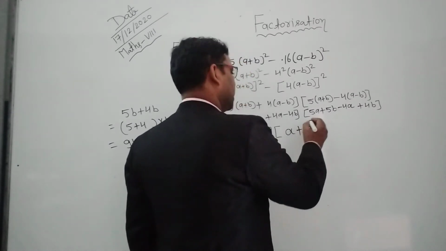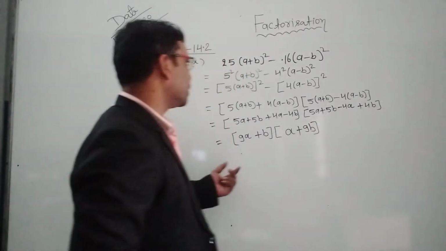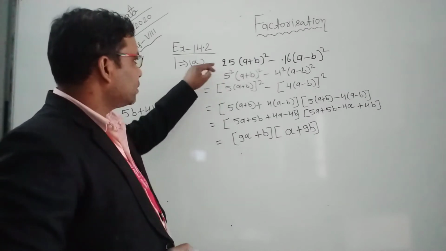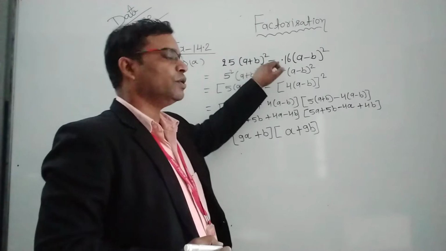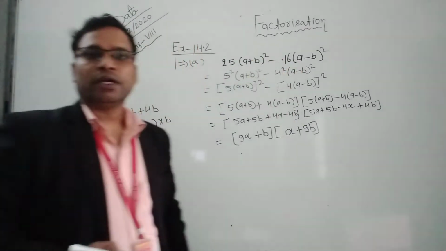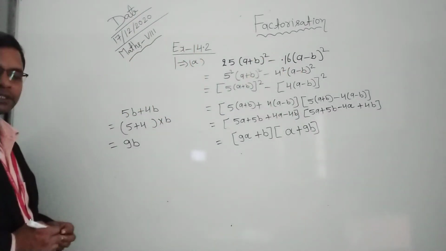Okay? Clear? Now, this way you can find the factorization of 25 into whole square of a plus b minus 16 into whole square of a minus b.